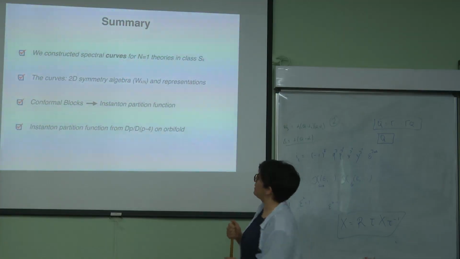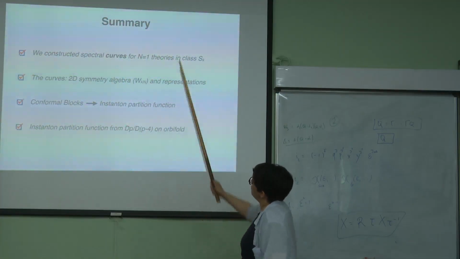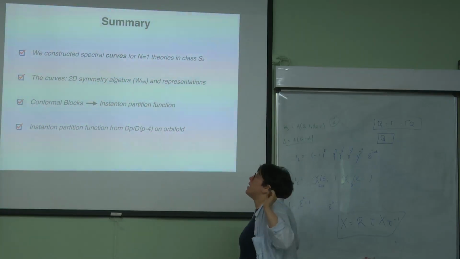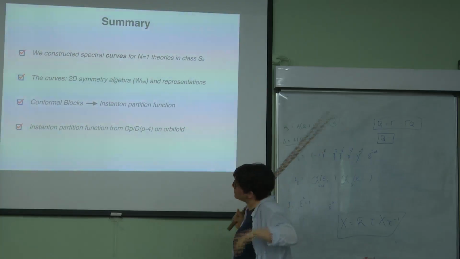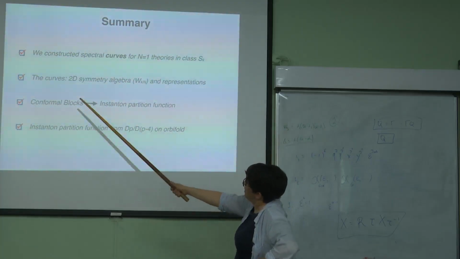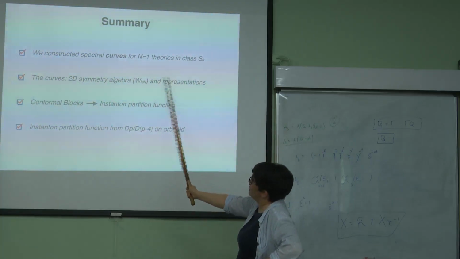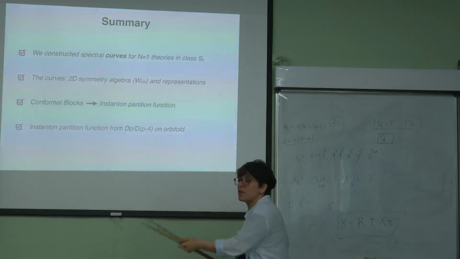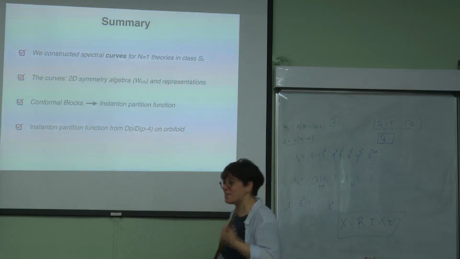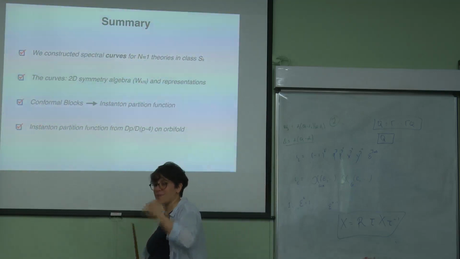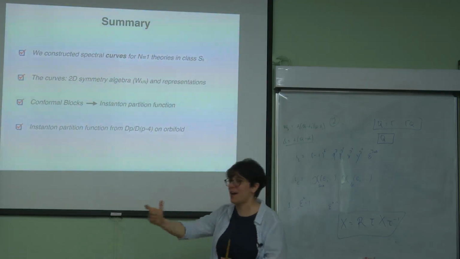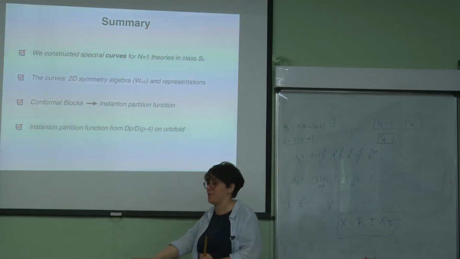Good. Okay, so what we have done, let's summarize. So first, we have constructed the curves at the orbifold point. Then from the curves, we guessed what should be the algebra and the representation. And again, I really didn't want at the beginning to have this stupid simple algebra, I wanted to have a crazy thing. So I tried all the crazy things that have these generators, and they are all wrong.